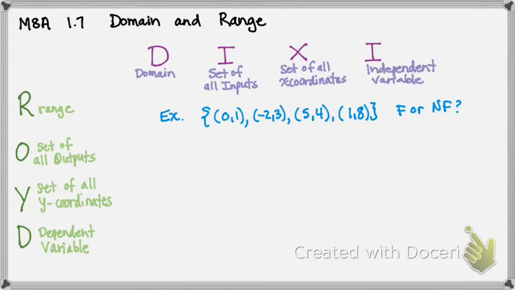So let's break it down to domain and range. So the domain is going to be the set of all the X coordinates, and the range is going to be the set of all Y coordinates. Now in this particular example, we don't see a repeat of anything.